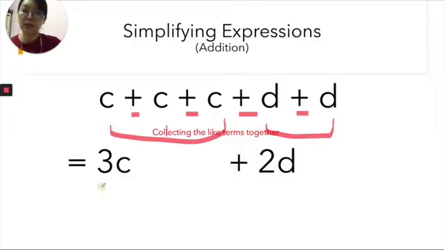I collect this here. There are 3 C's here, and there are also 2D here. So this is called collecting the like terms together. C I put aside, D I put aside. And then the same thing I add up, 3C and 2D. So this is called simplifying expression.